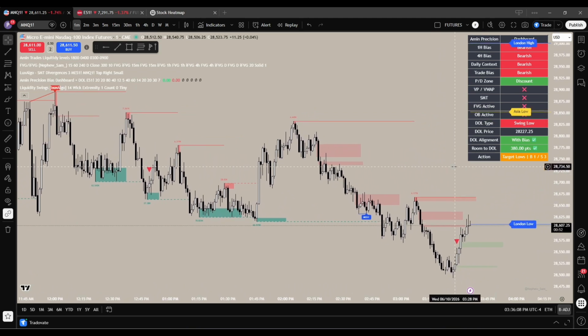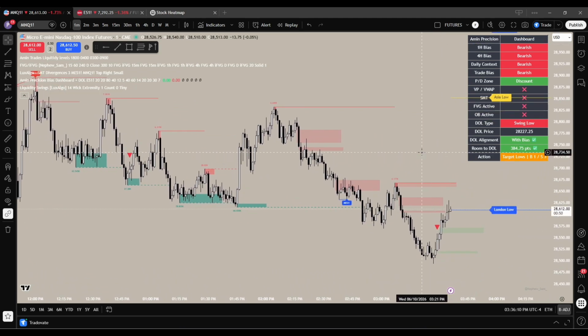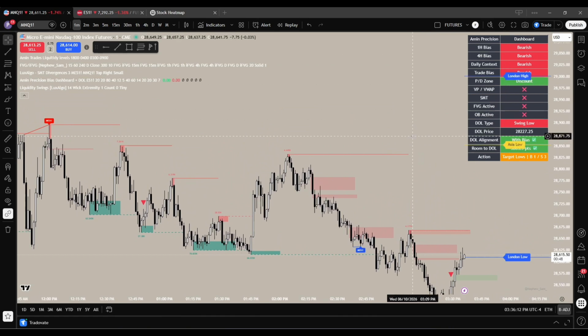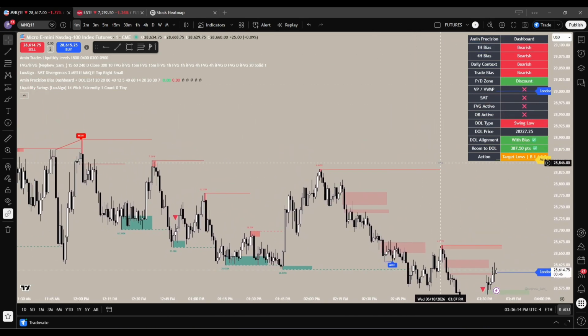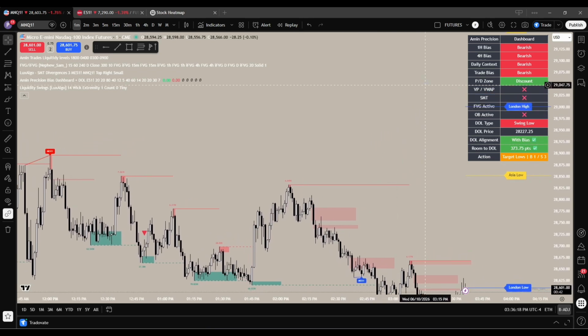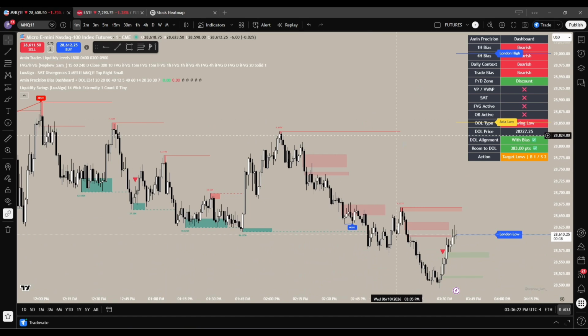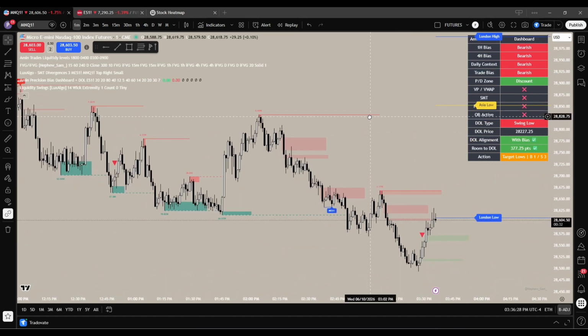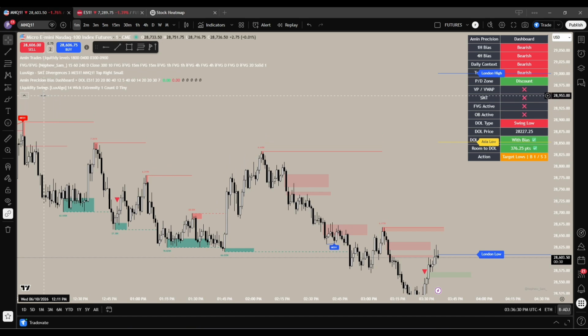It tells me what I should be doing or looking for. This by itself is not my signal either. It just helps me confirm my bias. I really only look at the 1 hour and 4 hour just to make sure it lines up with my daily bias.